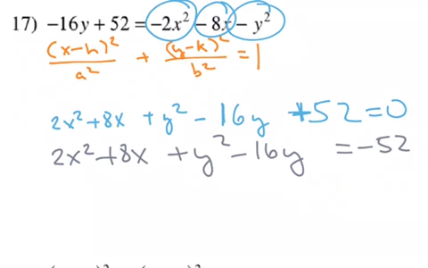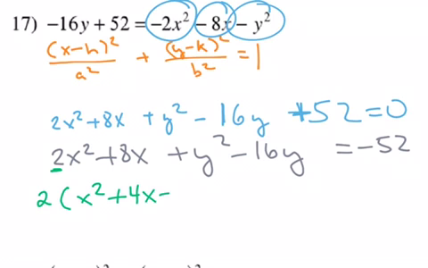However, there's a caveat to completing the square. Completing the square only works when the leading coefficient is 1. If you look here, the leading coefficient in front of x squared is 2. So what I actually have to do before I complete the square is factor a 2 out.